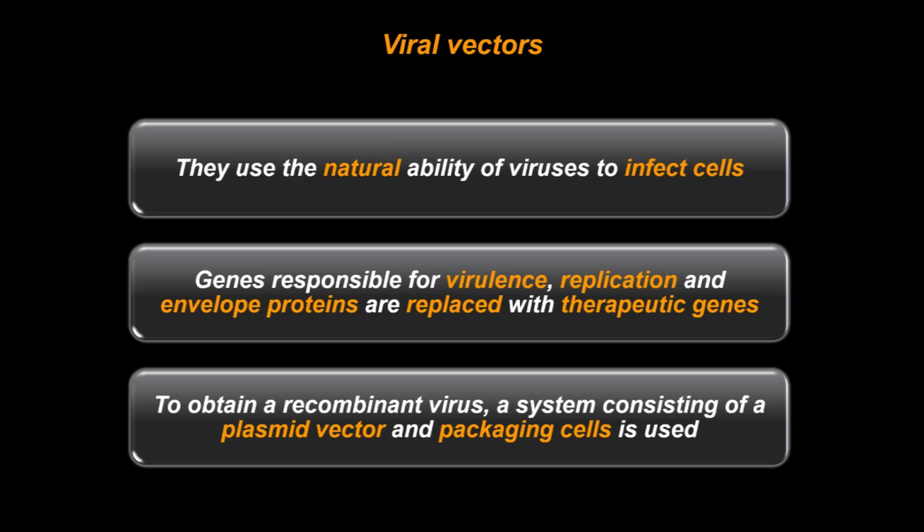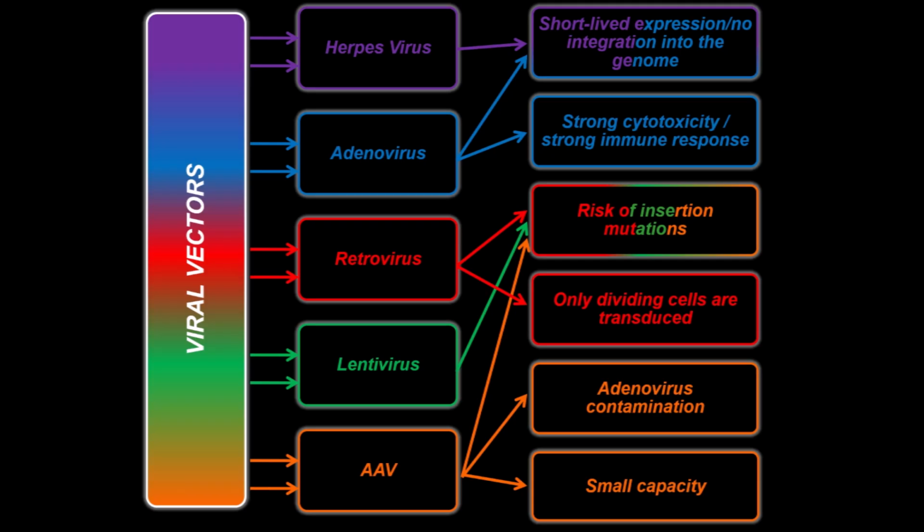Viral vectors use the natural ability of viruses to infect. Some genes responsible for virulence and replication are replaced with a transgene. Viral vectors are widely used in gene therapy, although their use is associated with a number of inconveniences and risks, such as a small space for an insert or often the transduction of only dividing cells.